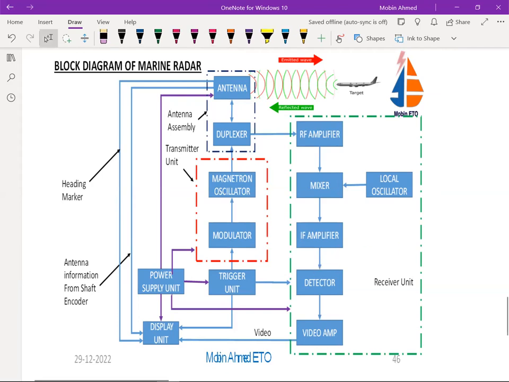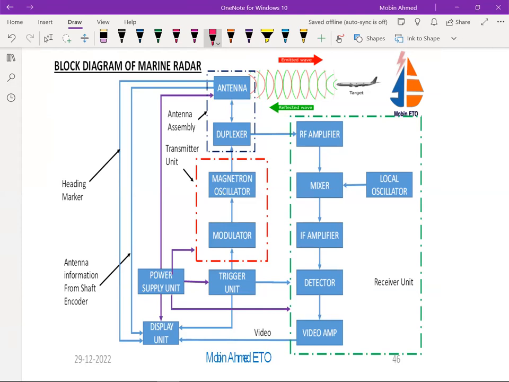It is going to synchronize between the transmitted pulse, the receivers and the display units. All are going to be synchronized. So this trigger unit is giving the trigger and it is also generating the sweep. Not only the sweep, but EBL, VRM, these all are being generated by the trigger unit itself.